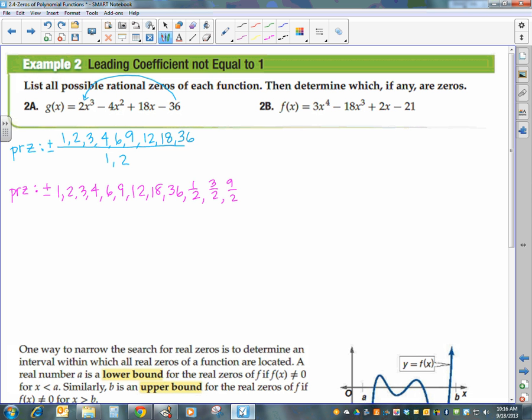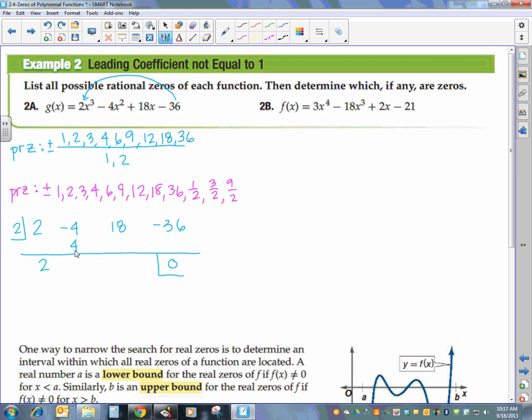So I'm just going to take my table back off. And now I'm going to go back to my equation, and I'm going to start with the number 2. And I have 2, negative 4, 18, negative 36. Again, I need to make sure I get 0. Bring down my 2. 2 times 2, negative 4 and 4. 2 times 0, 18 plus 0. 2 times 18, and of course that gives me 0.